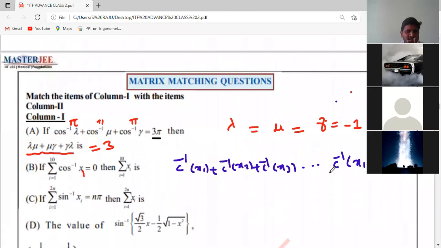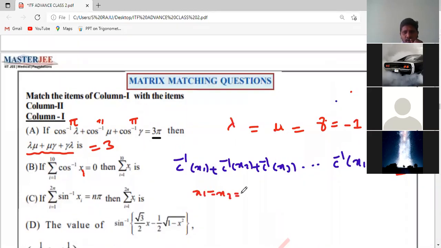Yet till 10 terms, it is very easy. Again, see what the RHS is. Just observe the RHS. If you are adding all the values, it must be 0. For what values of x1, x2, x3 up to x10 will it be 0?